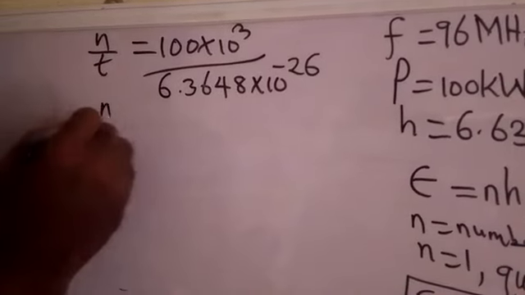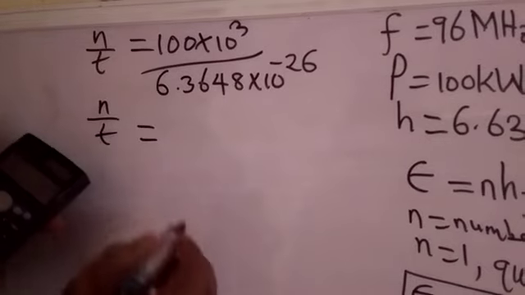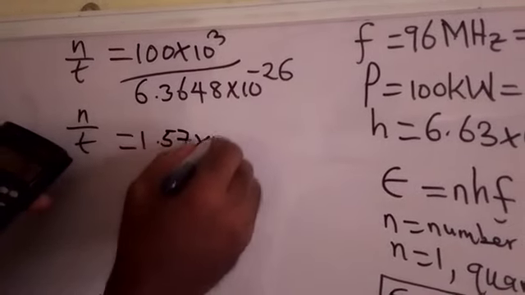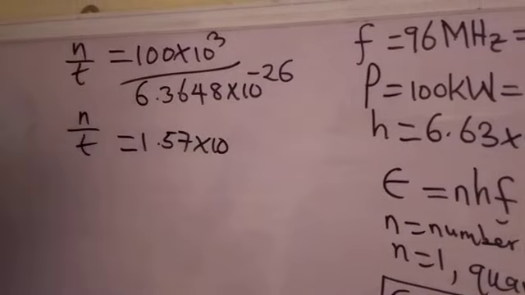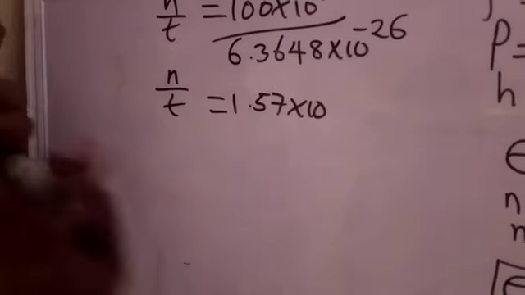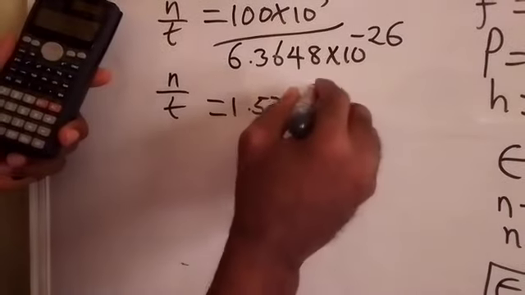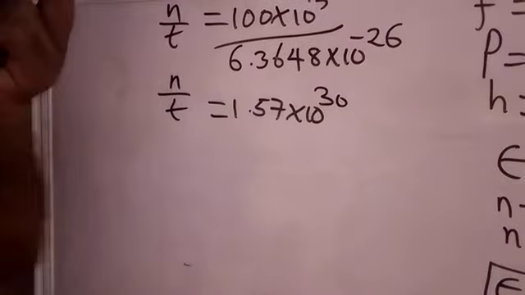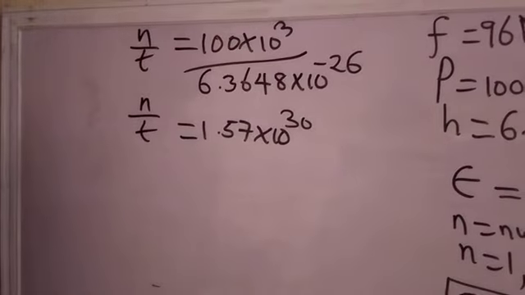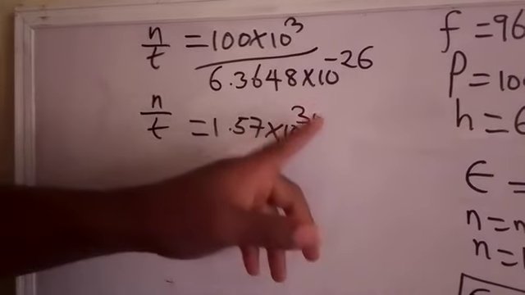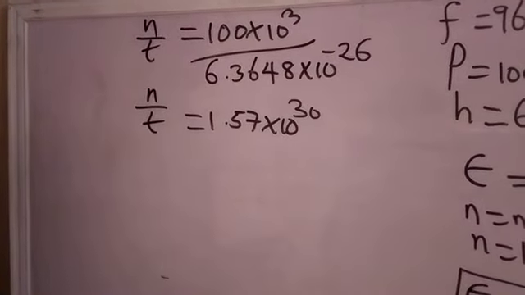We have that the number of photons per second is 1.57 times 10 raised to the power 30. So it means for every second, 1.57 times 10 raised to the power 30 photons are emitted.